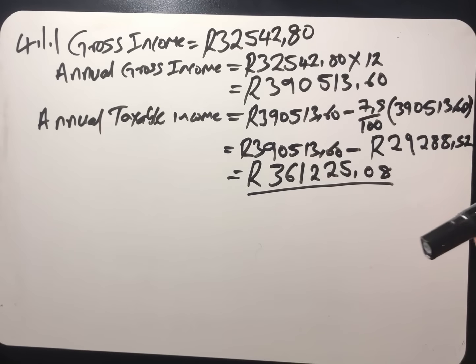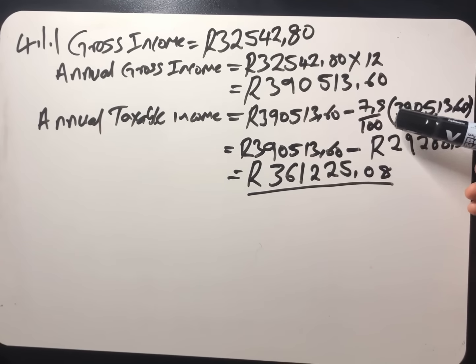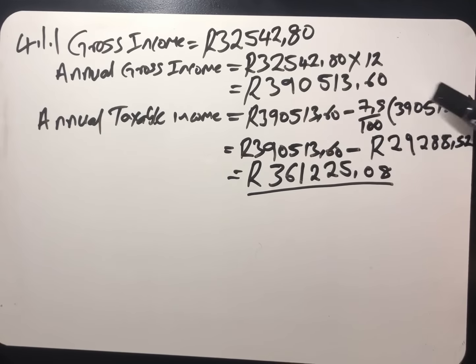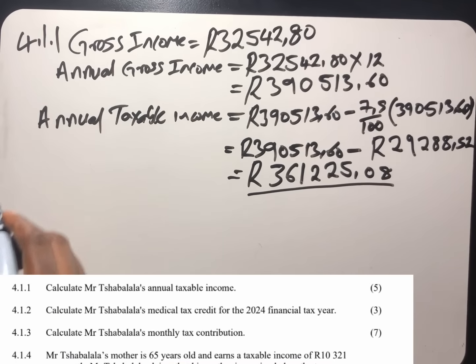Then from that annual gross income, we remove the pension fund, 7.5 over 100. The pension fund in this case is treated as non-taxable. So our taxable income here is R361,225.08. Let's move to the next question.